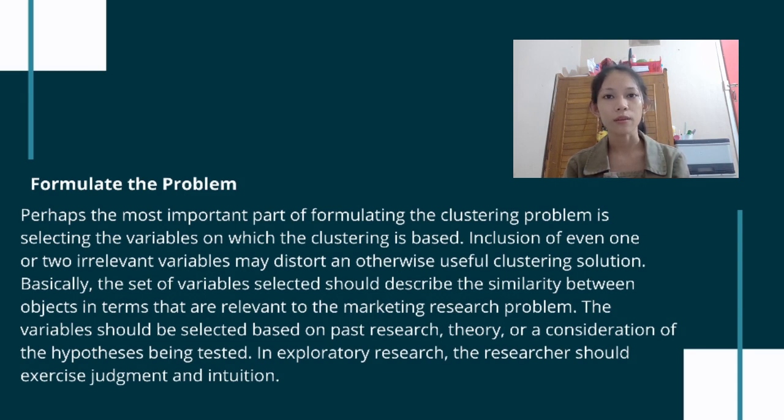Basically, the set of variables selected should describe the similarity between objects in terms that are relevant to the marketing research problem. The variables should be selected based on past research, theory, or the consideration of the hypotheses being tested. In exploratory research, the researcher should exercise judgment and intuition.